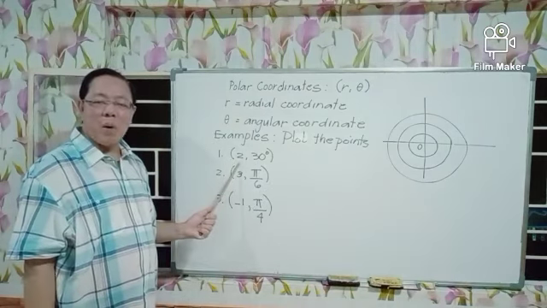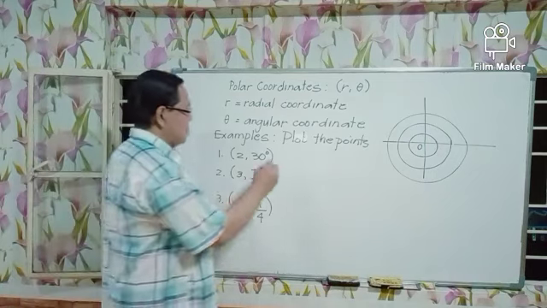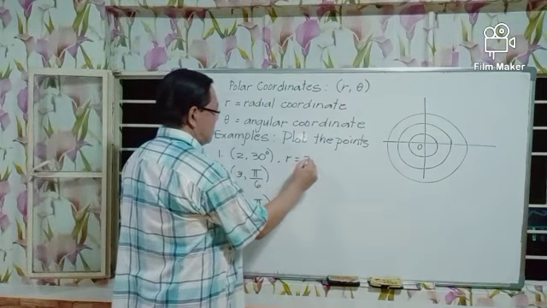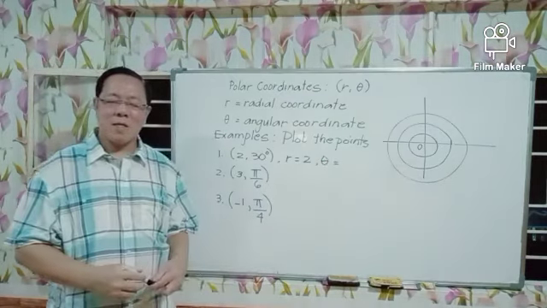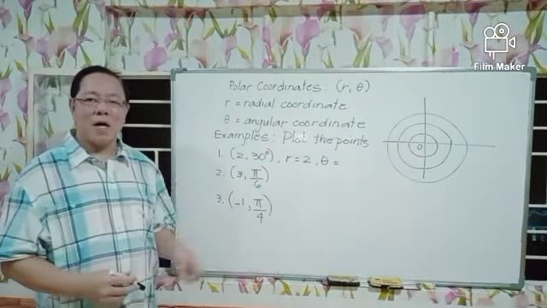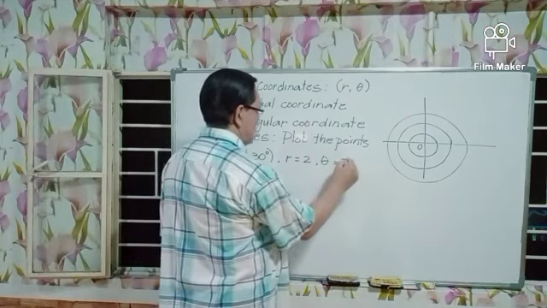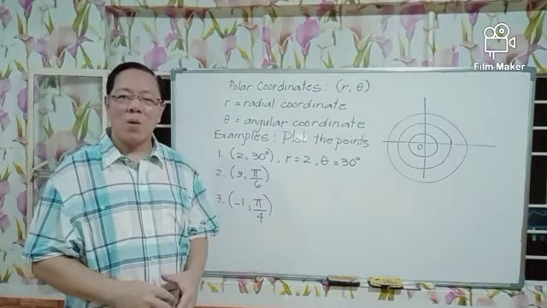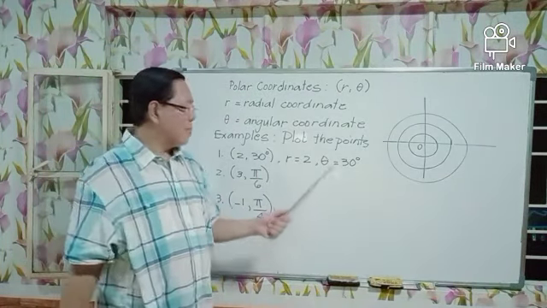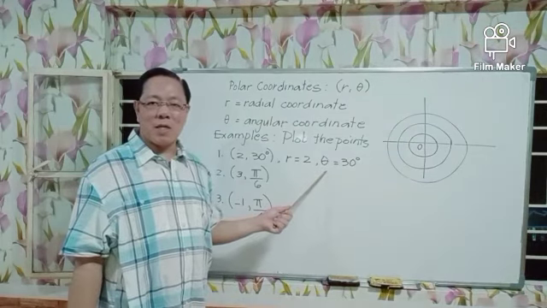In this point, the radial coordinate is 2 units. And the angle theta is given in degrees. Theta is 30 degrees, the angular coordinate. And to plot this point, we always start with the angular coordinate, 30 degrees.